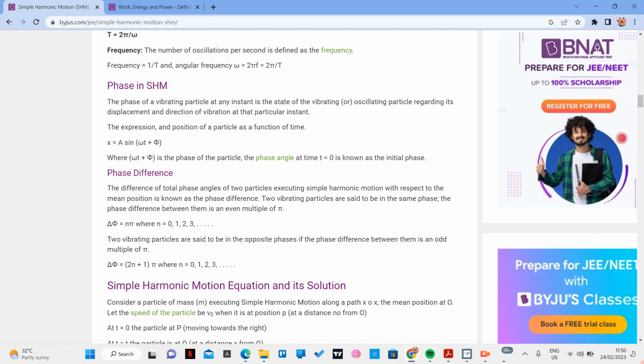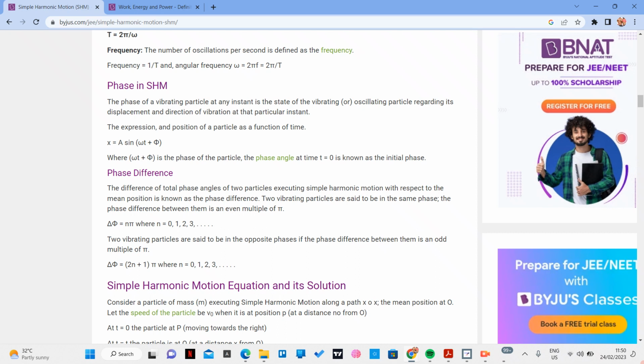So for an object to be in phase with the other object, it has to have a whole number of pi, an even number of pi, like n pi.